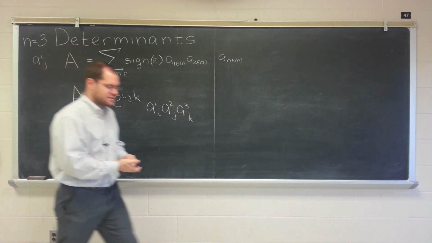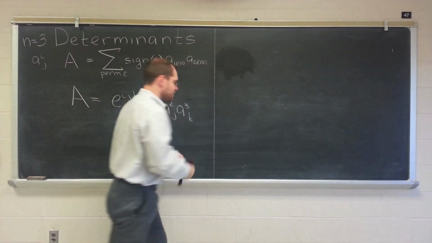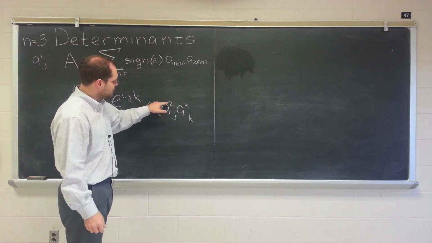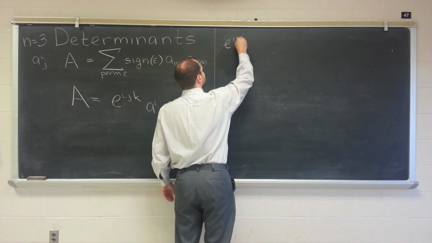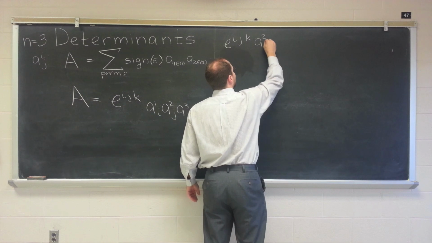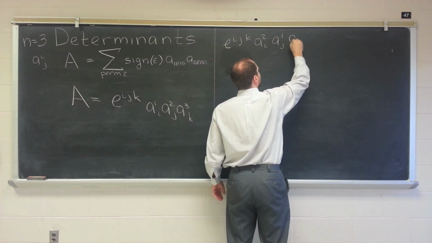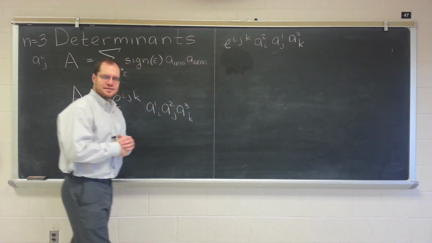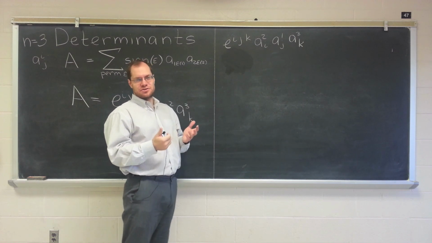Okay, so let's just erase this part and try to discover what would happen to this definition if I wrote A2 and A1. E, I, J, K, A2I, A1J, A3K.